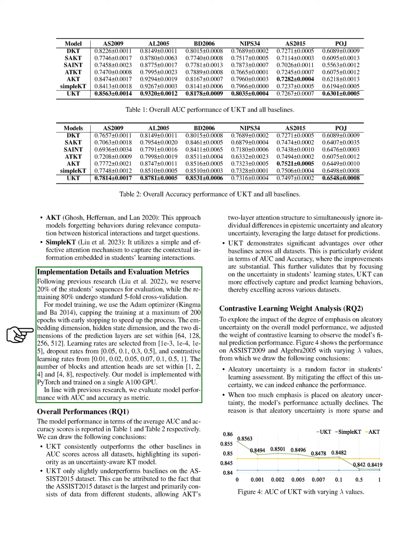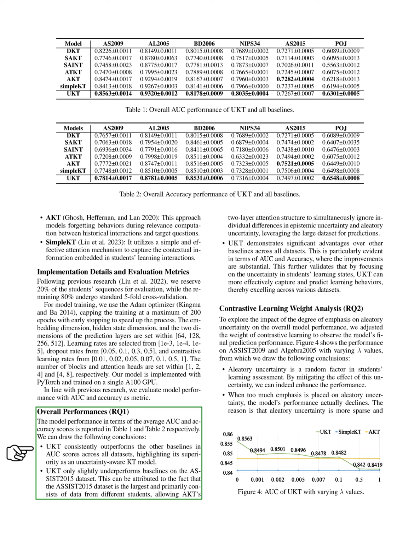Section. Overall Performances, RQ1. In this section, we present our findings on the overall performance of our model, UKT, in terms of average AUC and accuracy scores, as shown in the tables. We observe that UKT consistently surpasses other baseline models in AUC scores across all datasets, confirming its effectiveness as an uncertainty-aware knowledge tracing model.